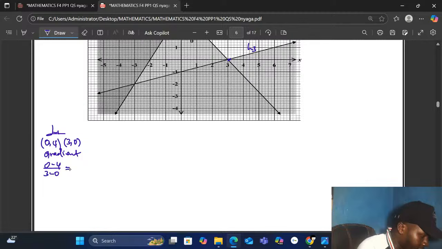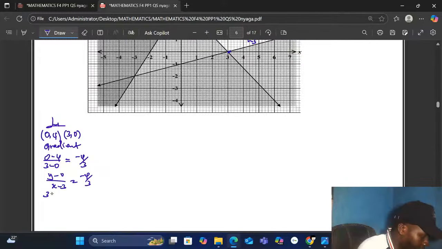So we look for the equation: y minus 0 over x minus 3 gives us negative 4 over 3, which is the gradient, and we shall have 3y equals negative 4 into x minus 3.